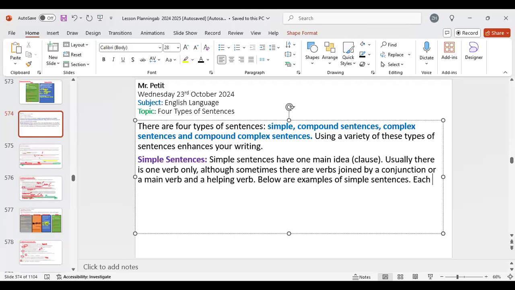So each makes total sense and stands on its own. So let's begin. That's very important, it's still a sentence, it's just a simple one. Okay, so let's go ahead and give an example. Number one.